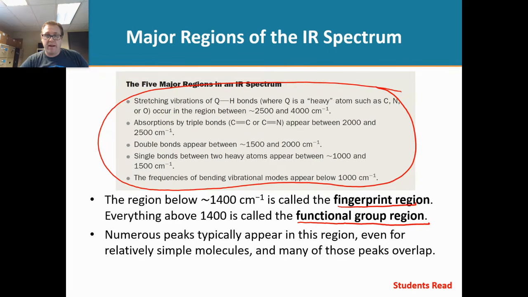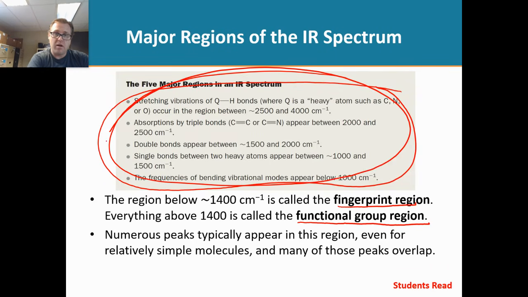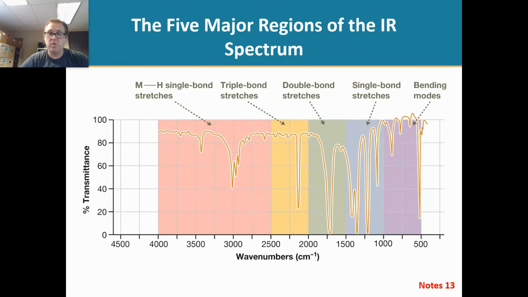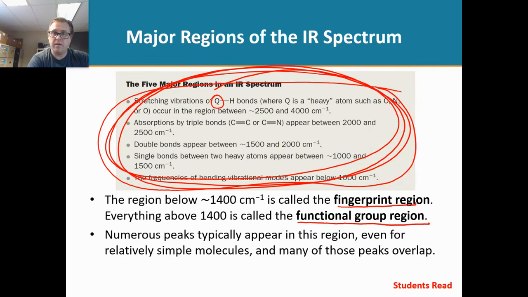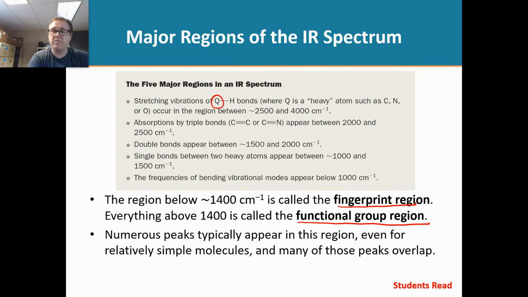So you remember how I circled this right here? All that information is going to be shown on this slide. There's a typo here. This M should be the letter Q. And letter Q right here represents any heavy atom like carbon, nitrogen, or oxygen.